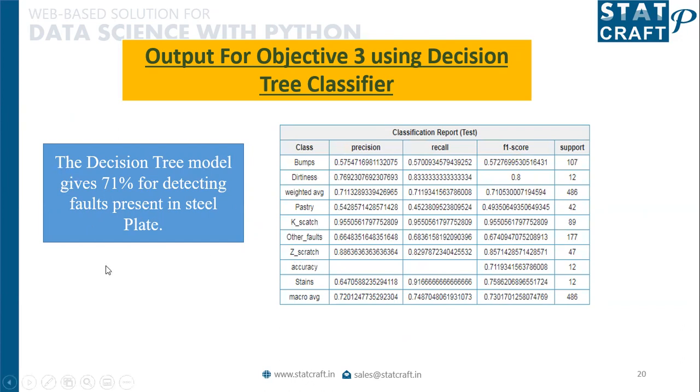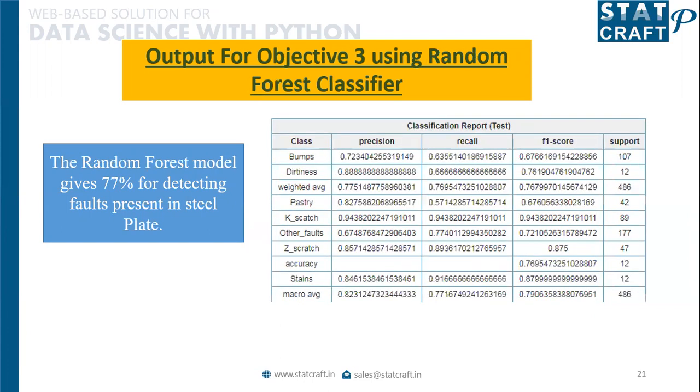So when we run the decision tree, what do we observe? We observe that the decision tree model gives us a 71% accuracy for detecting the fault present in the steel plate. Let's now look at the test data set. You see the same metrics like precision, recall, and F1 score for the 7 different types of fault.